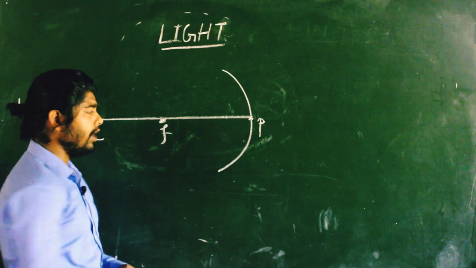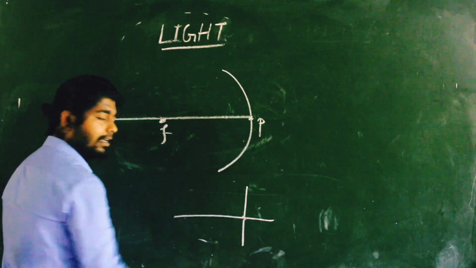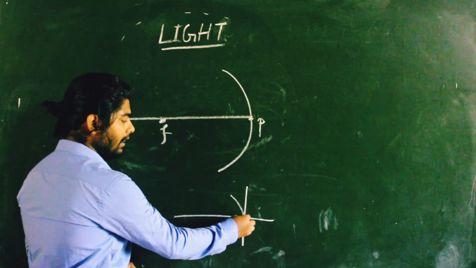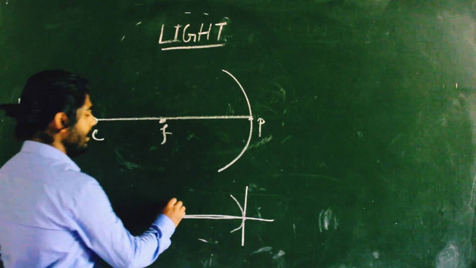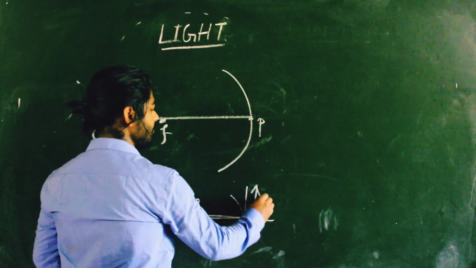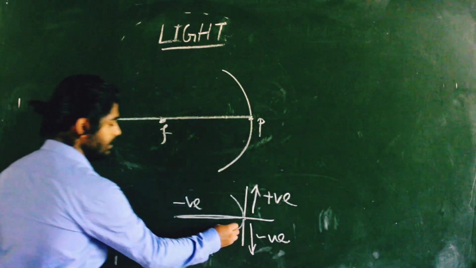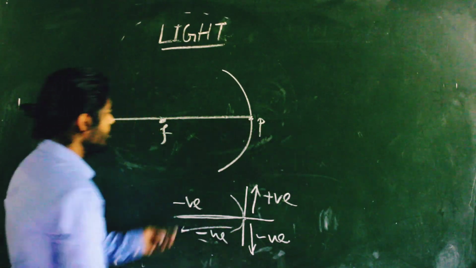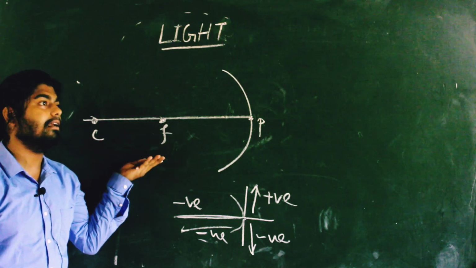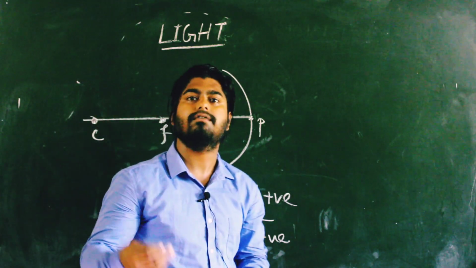You can think of it as a graph, and this origin point is the pole. All the distance from this side will be taken as negative, and the distance from this upward is positive. This side it's negative, and this side again it's negative. So for the object distance, if the image is on this side, it will be taken as negative. So it depends. We will see this in the calculation in the next class.